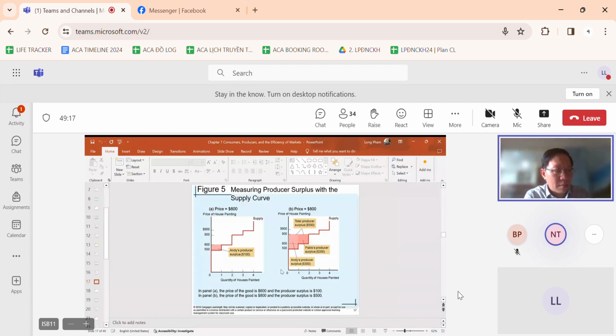You can see that in picture B. According to the pictures, we can draw the conclusion that when the price increases, the producer surplus will be larger. Next slide, please.